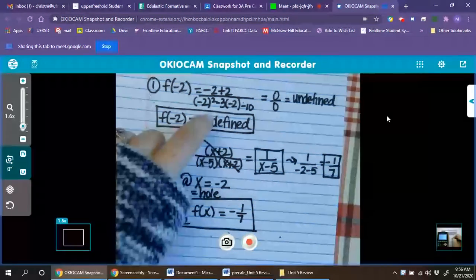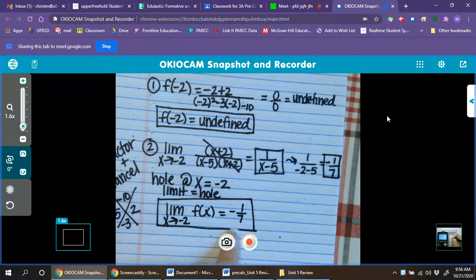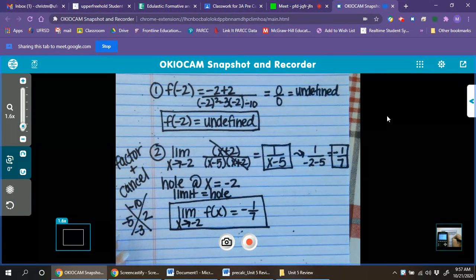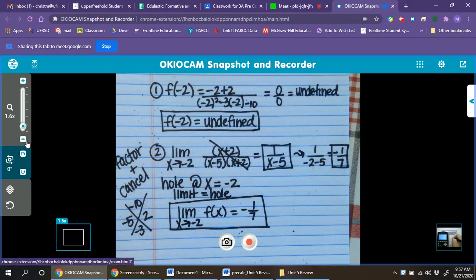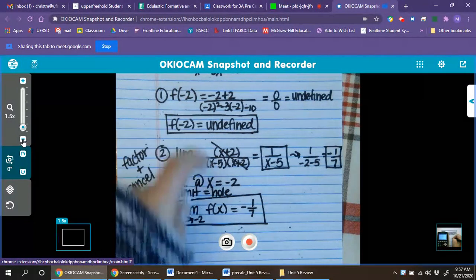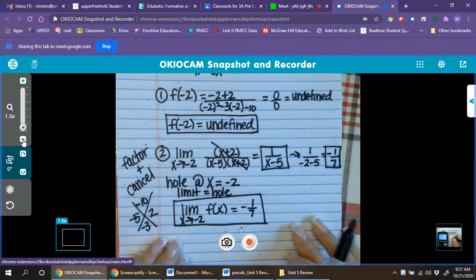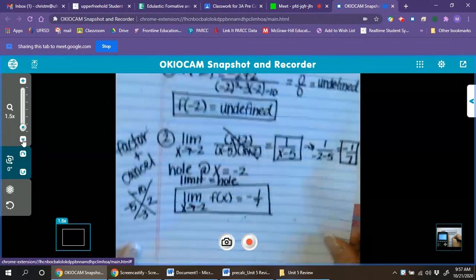All right, so now I have an undefined, but this has a value. I already know that it's not continuous, okay, because it can't be continuous if these are not going to be equal. Okay, so I'm going to start my conclusion.